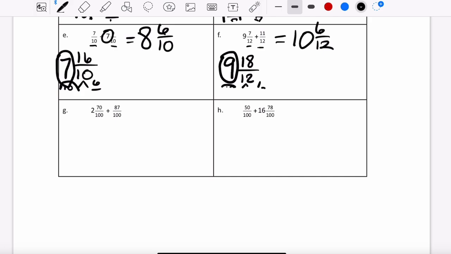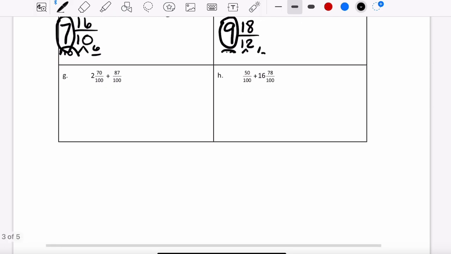Okay, looking at G, we have 2 70/100ths plus 87/100ths. We need to add 70/100ths plus 87/100ths. So let's write down 87 plus 70.